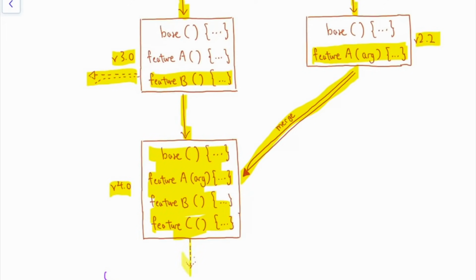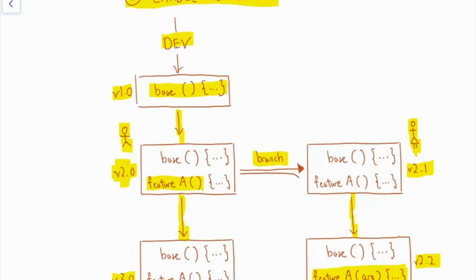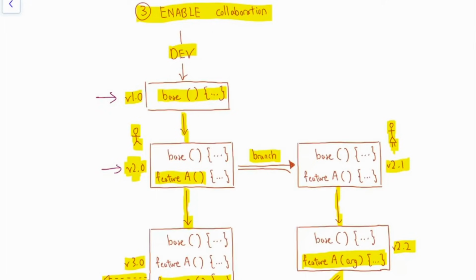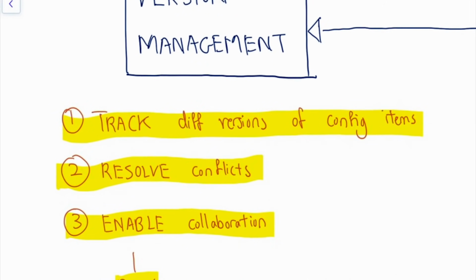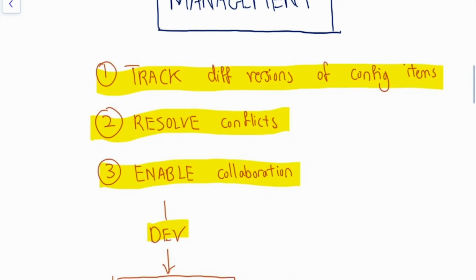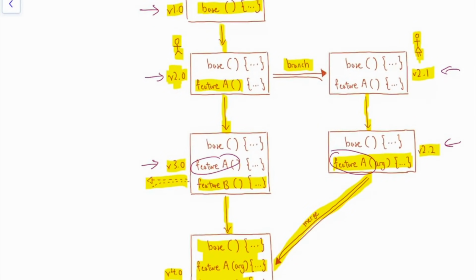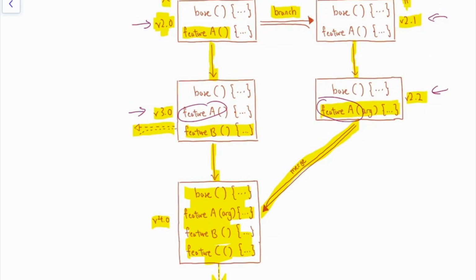And so on. So you can see that this process basically illustrates first, we are able to track different versions of config items in parallel. And then we are able to resolve conflicts, because here we see that there is a feature A over here, and you have your own feature A, so there should be a way for you to easily resolve conflicts in what is commonly known as the merge process in whatever tool you are using.